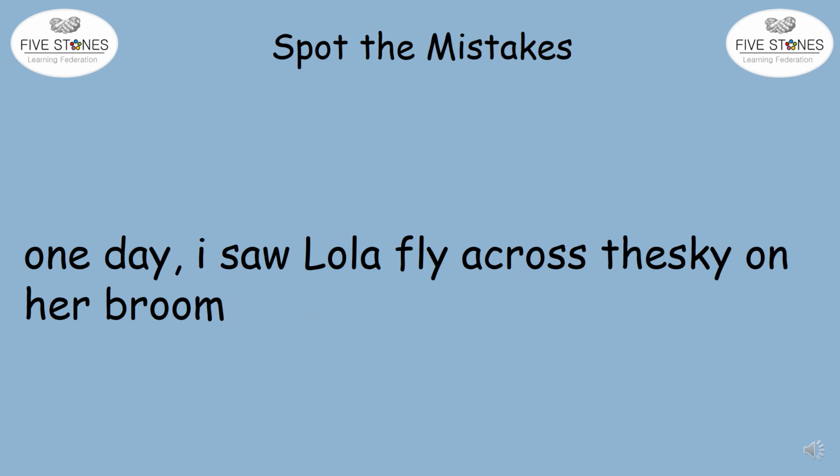Now, we are going to spot the mistakes in sentences. First, let's read the sentence. One day, I saw Lola fly across the sky on her broom. Wait a minute, that just doesn't look right. I can see that this sentence is missing a capital letter at the start of the sentence, a capital letter for the pronoun I, a finger space between the words the and sky, and finally the full stop.